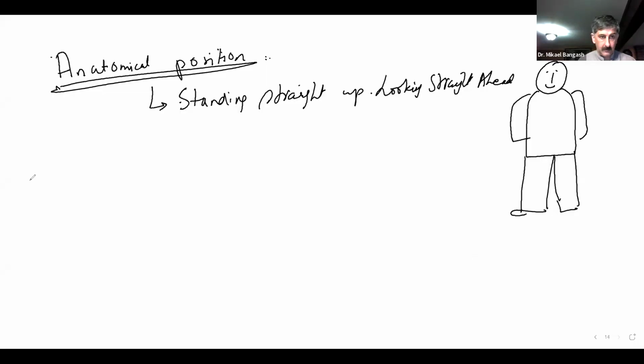What's next? My teacher used to put this one as number 2. So standing straight up, looking straight ahead. Next is the arms hanging down on the sides.